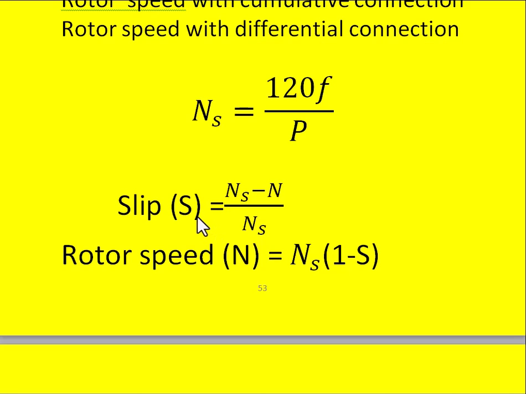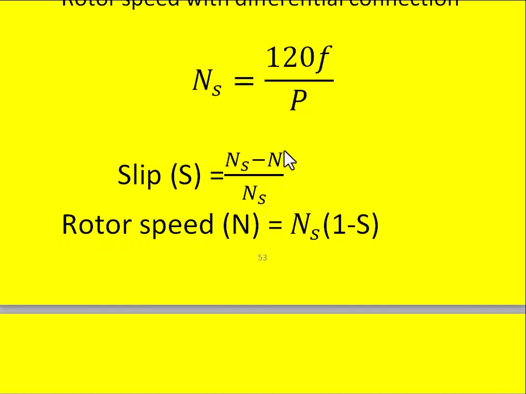Slip is represented by s, and it is equal to ns minus n divided by ns. Here n is the rotor speed, which is nothing but the motor speed, or the actual speed of the motor. Ns is the synchronous speed.